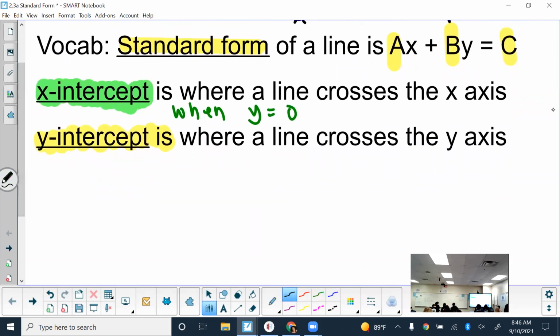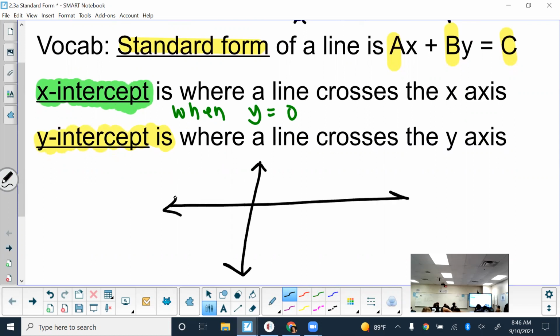So think of a standard coordinate plane. If I have an x-intercept, where is it on this coordinate plane? Is it on the vertical line or the horizontal line? On the horizontal line. So let's say it's right here. Any point that is on that x-axis has a y value of 0.